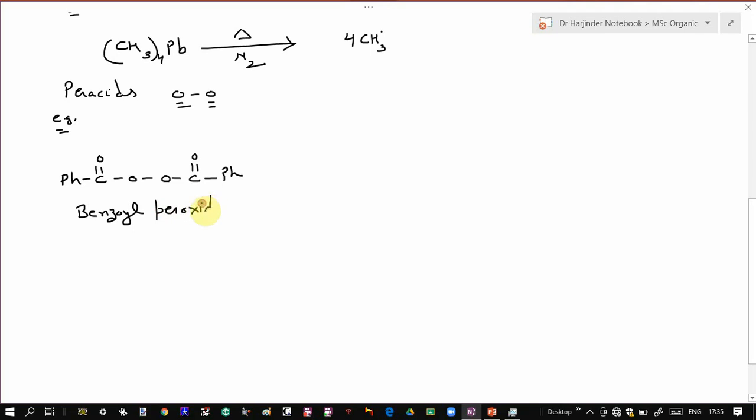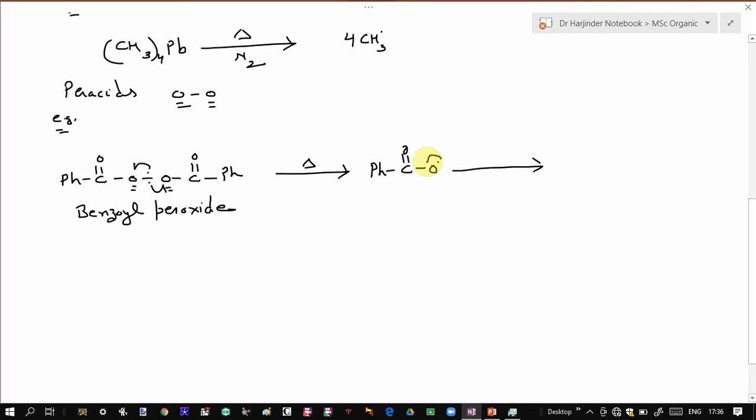So this molecule is benzoyl peroxide. When you heat this benzoyl peroxide, you can see here you have two oxygen atoms that have a single bond. Now since both atoms have the same electronegativity, this bond pair of electrons is equally pulled by these two oxygen atoms. So this oxygen-oxygen bond breaks and each oxygen atom takes one electron to give rise to a benzoyl free radical, which further undergoes reaction.